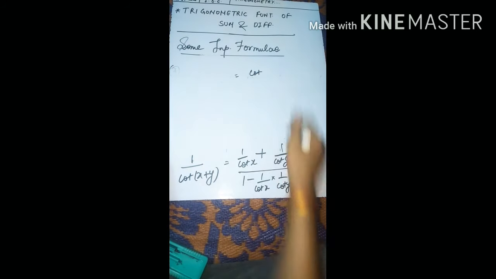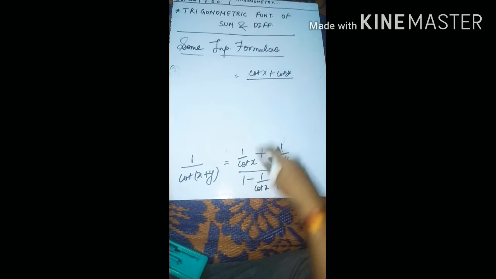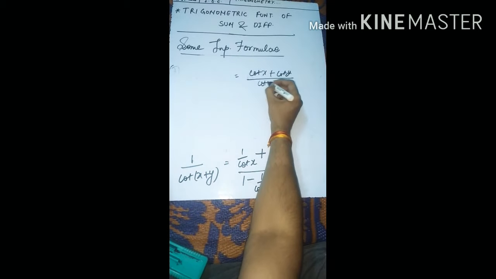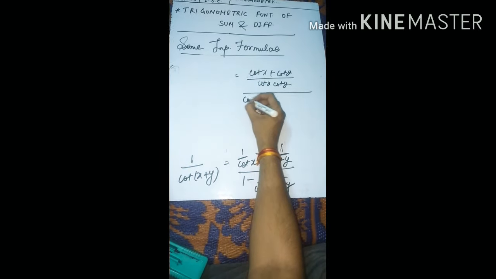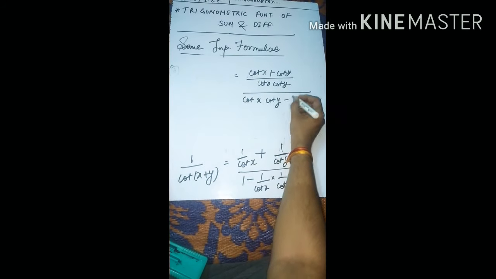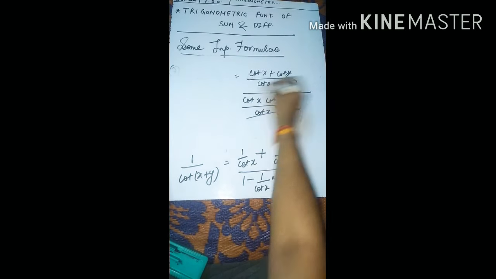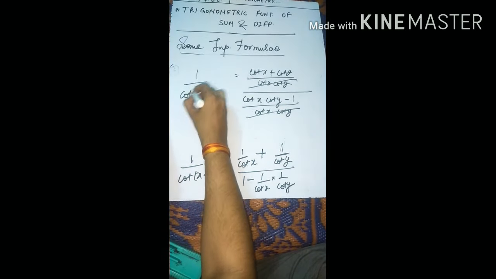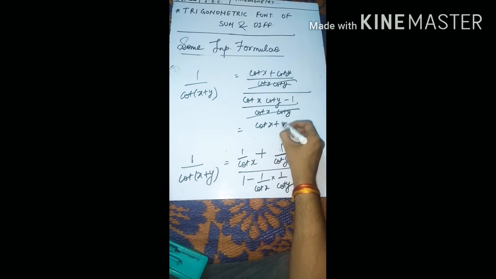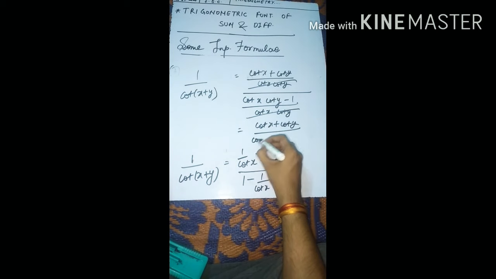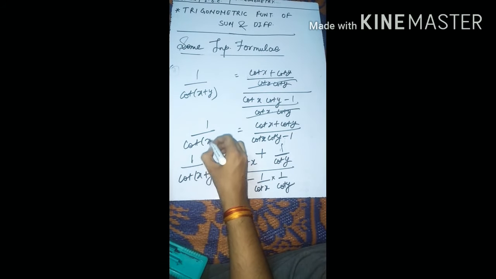So I'm writing it in an arranged way also: (cot x + cot y) upon, so these two will be cot x cot y, whole upon, you multiply this with here, so (cot x cot y - 1) upon cot x cot y. As you can cancel this denominator, and this is 1 upon cot(x+y), so you are left with (cot x + cot y) upon (cot x cot y - 1), and this is 1 upon cot(x+y).